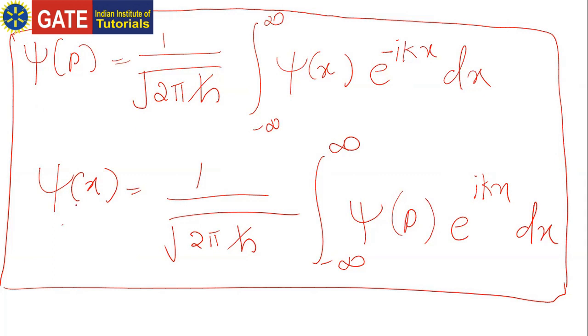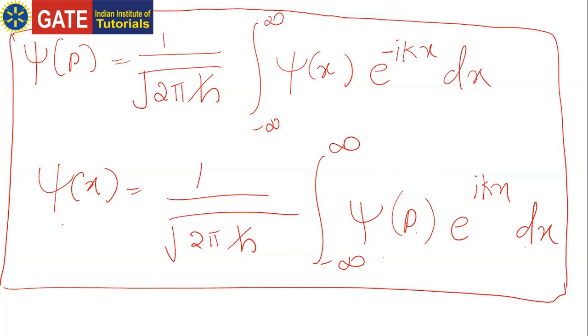Psi of x equal to 1 by root 2 pi h cross, integral minus infinity to infinity, psi of p e power ikp dp. No, psi of p dx only.